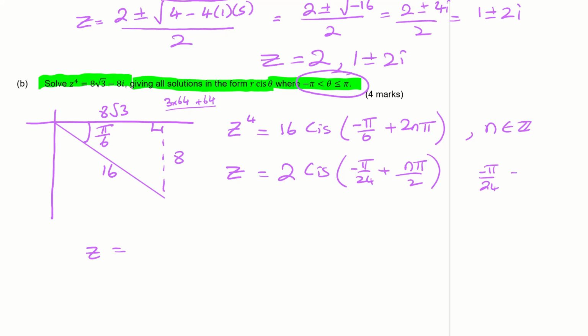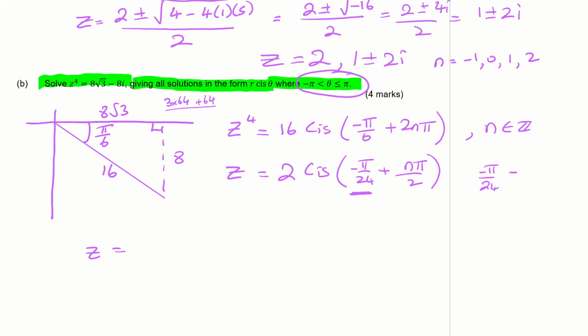I'm going to make a correction to that. n equals negative 2 would be out of range because this angle is negative. So we want to take negative 1. The n's that we want here are going to be negative 1, 0, 1, and 2.